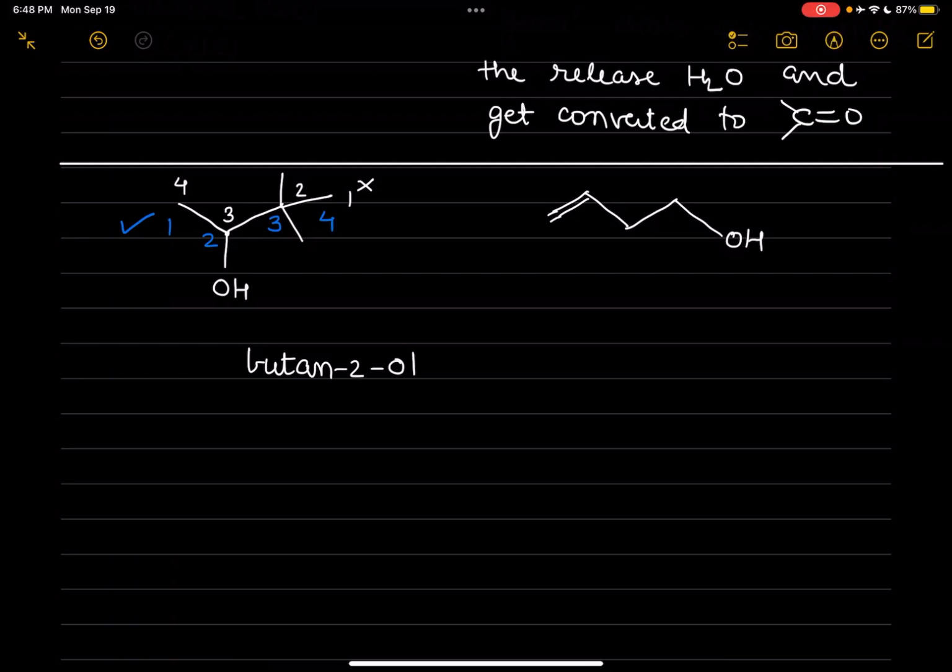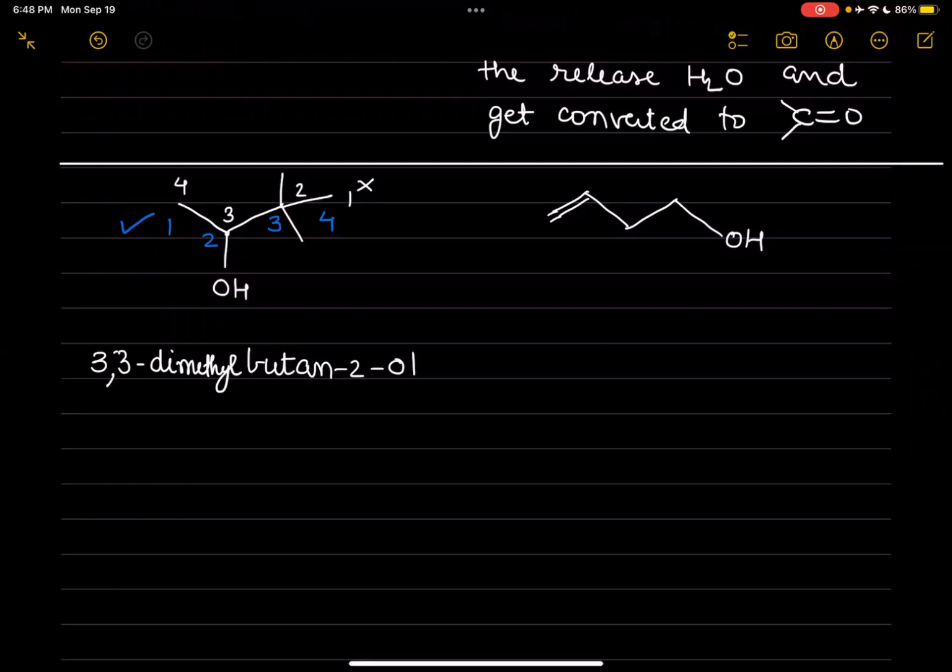And this is only the main part. What about the 2 methyl groups which are coming out? That is going to be 3,3 dimethyl. So 3,3-dimethylbutan-2-ol.